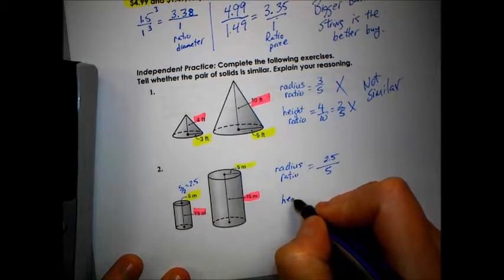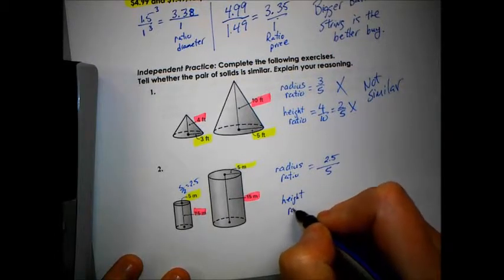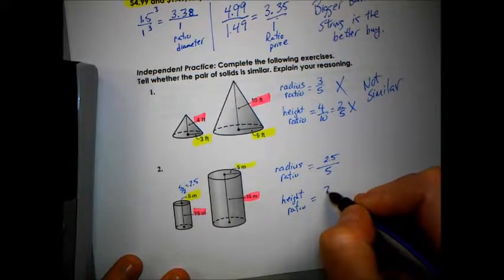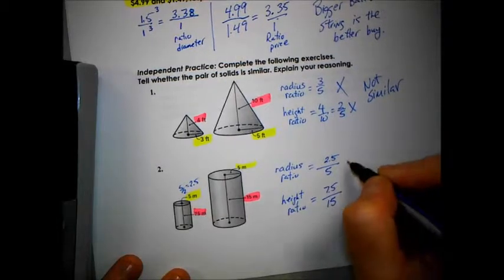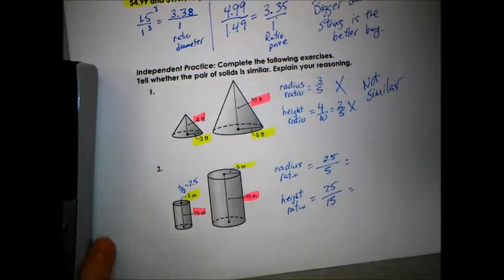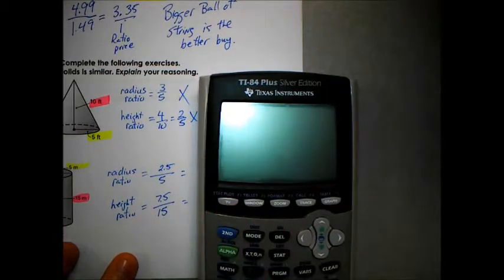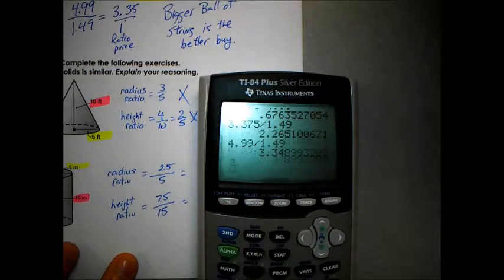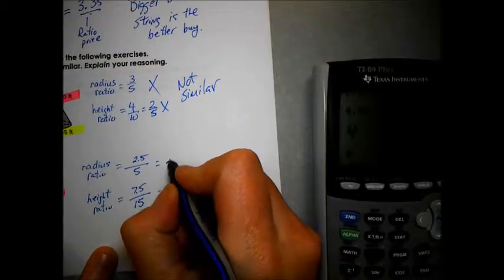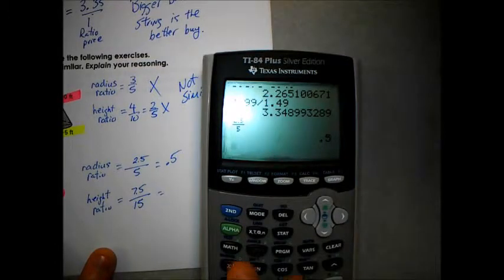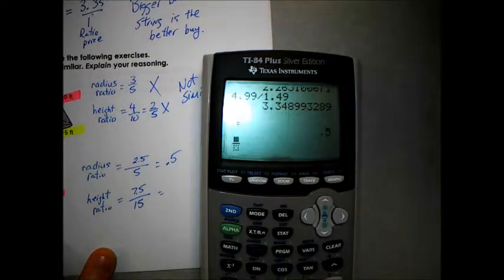And then I'd have the height ratio is 7.5 over 15. Since there's decimals there, I'm going to use my calculator. Okay, that reduces to just 0.5. And then if I do the same thing, 7.5 divided by 15. Oh, shoot.